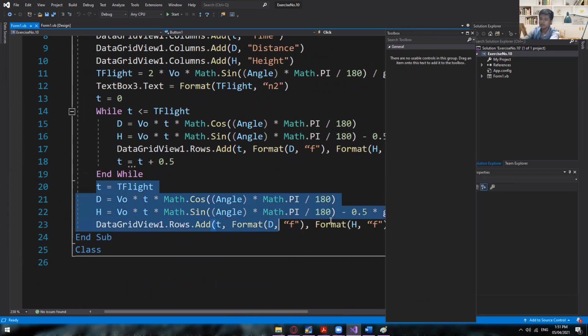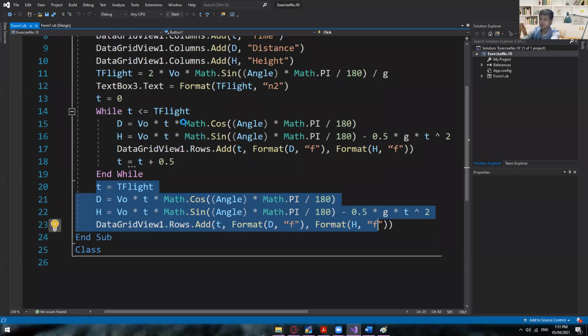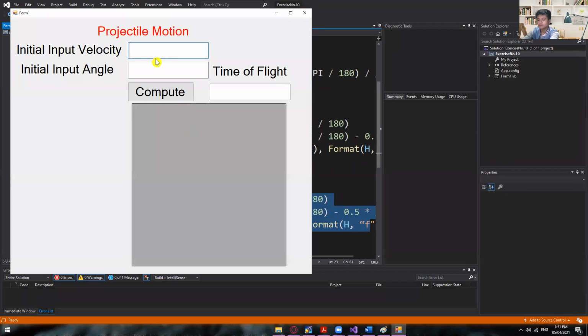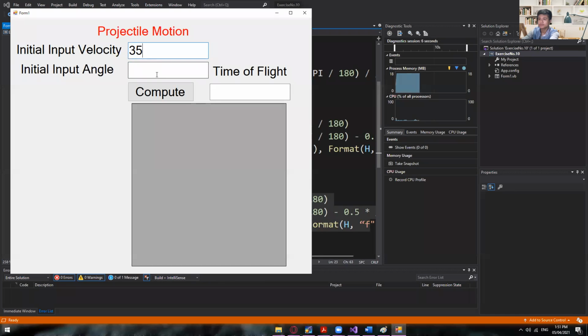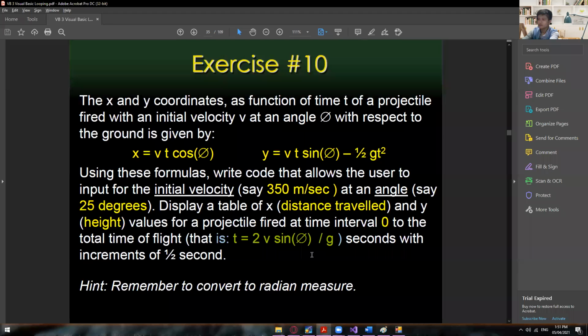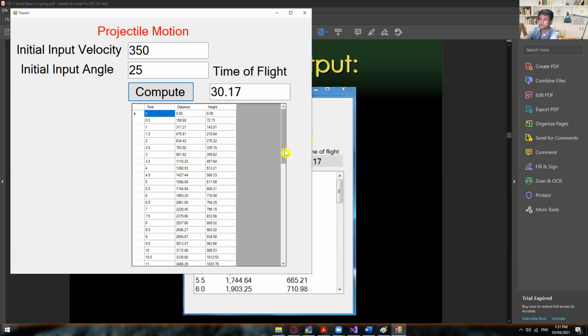So you have to add this one since, right here, let me just show this one. So what is that? 35, 350, 25. Because as you can see right here, it's incrementing by 0.5.